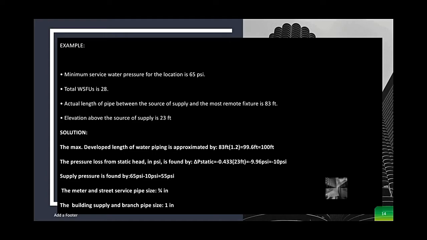And then, yung last steps, gagamitin natin yung table 13.10, yung pinakita ko kanina. At iti-trace lang natin doon gamit itong mga information na na-compute natin. And by looking at the table, yung makuha nating meter and street service pipe size is 3/4 inch and the building supply and branch pipe size is 1 inch.